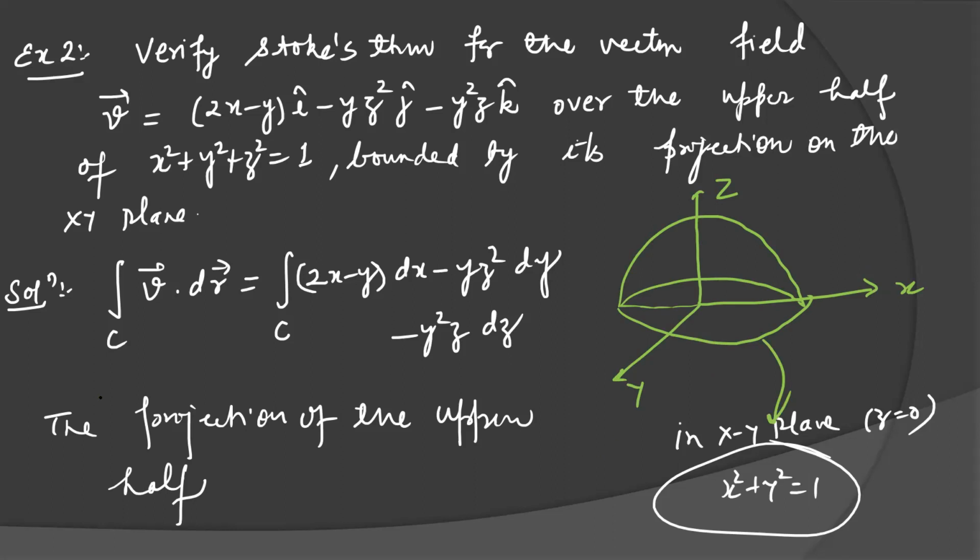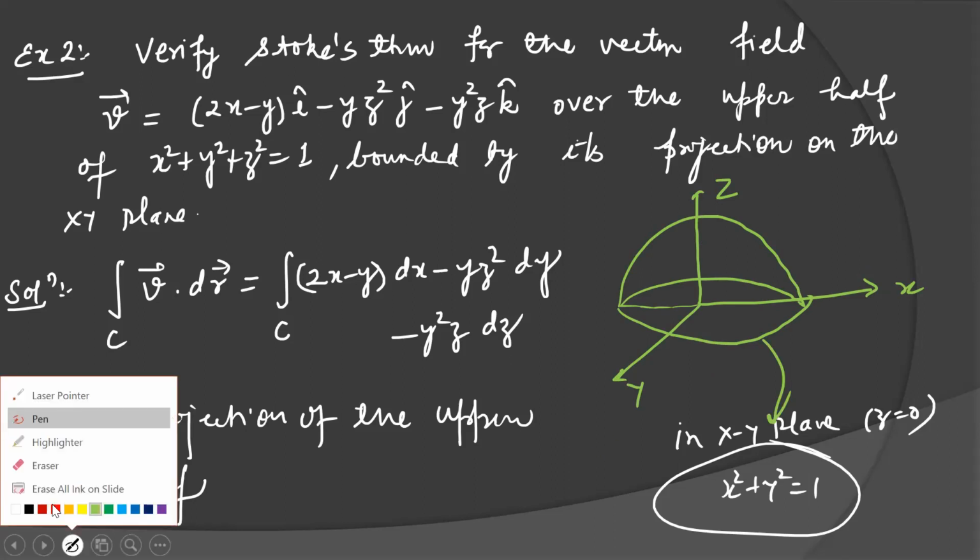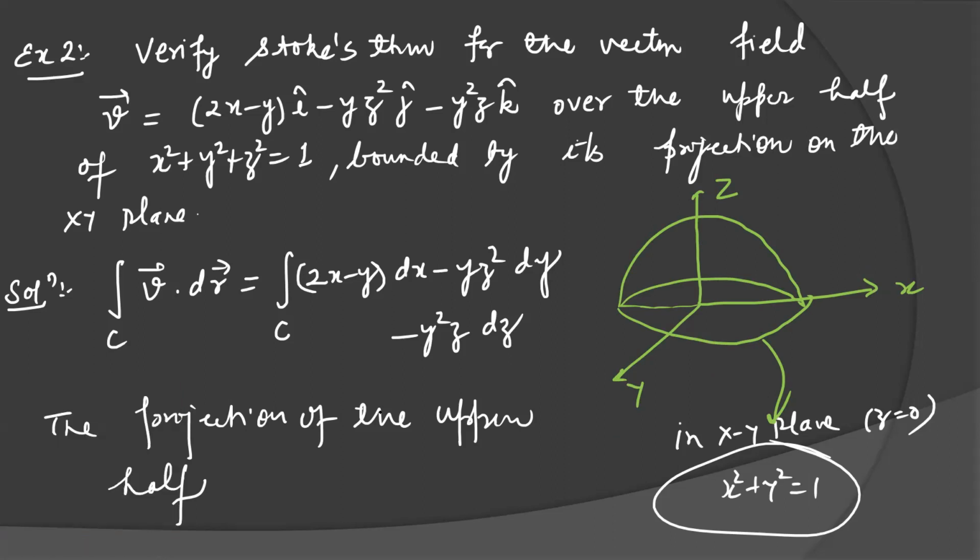So the projection of the upper half of the given sphere on the xy plane, we have to put z equal to 0, is the circle.